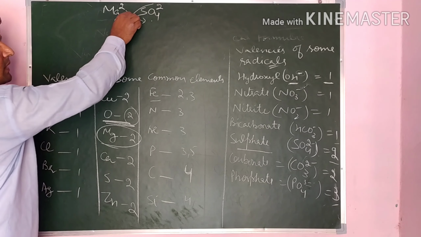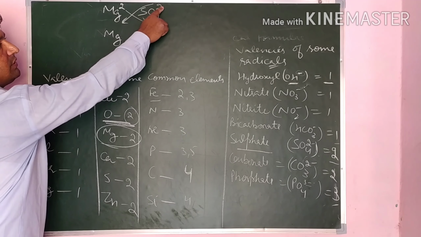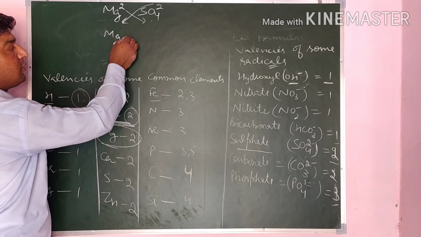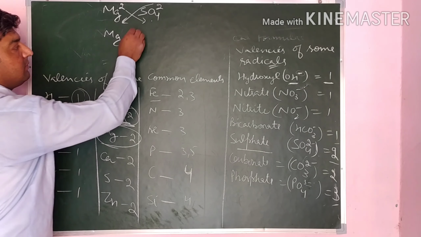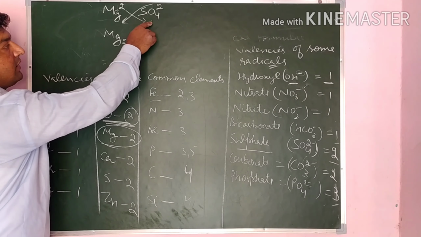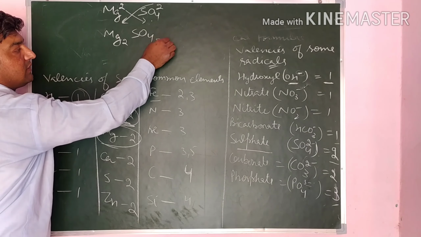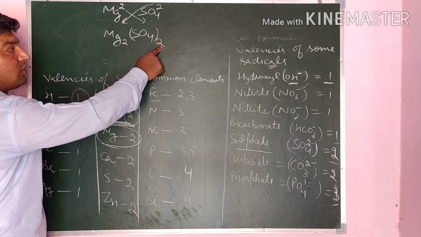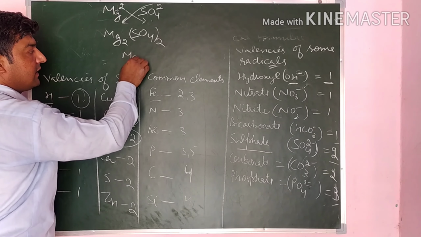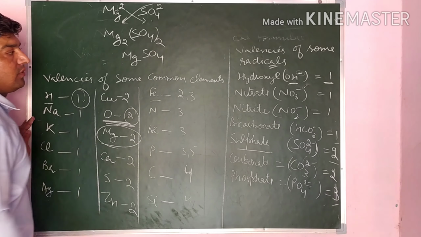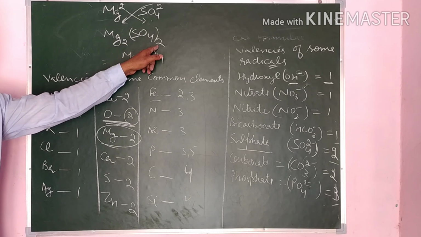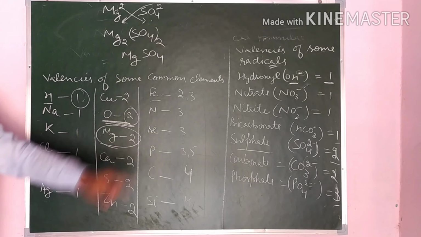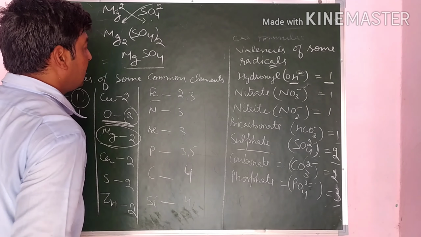This 2 will come in the subscript of magnesium, and similarly SO4 sulfate, here we have 2 in the subscript. So this 2 will be common and it is written as MgSO4, magnesium sulfate. 2 is common, so we are left with 1 and 1. So it has become magnesium sulfate.